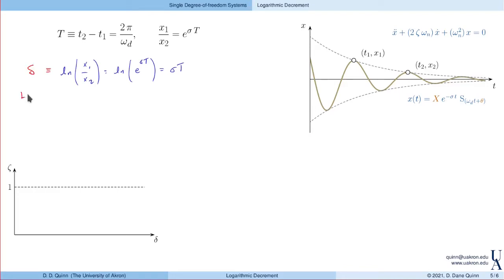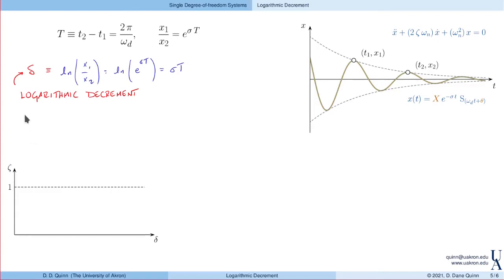And delta is known as the logarithmic decrement. So again, t and delta can be measured from the response. T is just the time between successive peaks, and delta is the natural log of the ratio of successive peaks.